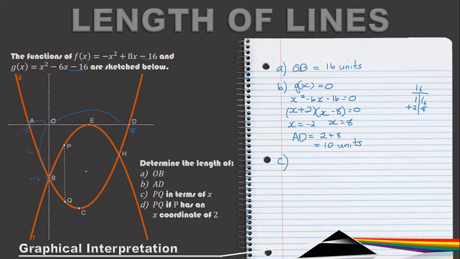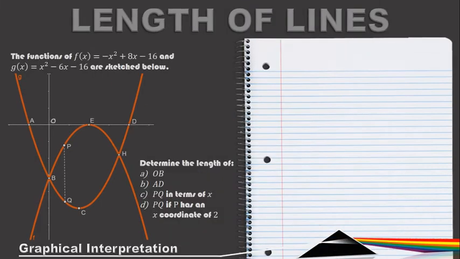Alright, so PQ in terms of x, we have the top graph minus the bottom graph. Now, I'm just going to do that on the next page, on a clean page. So for C, we want PQ in terms of x. PQ is the top graph. Here we have this one, which is f, which lies on top where PQ's distance is.